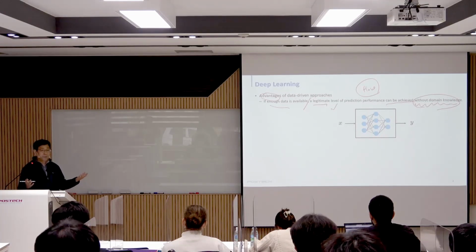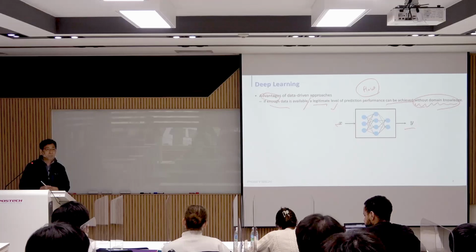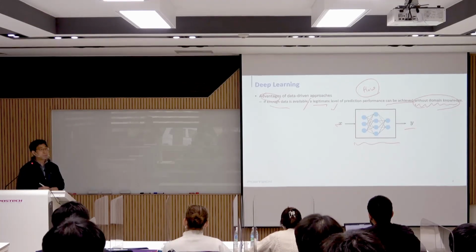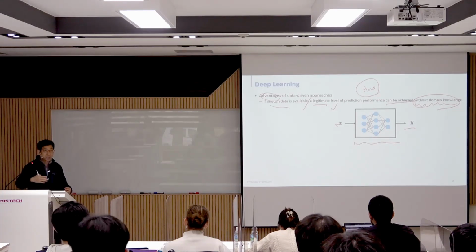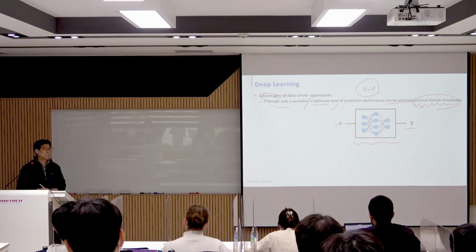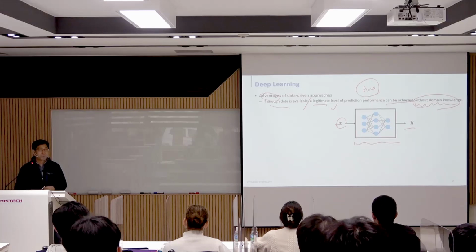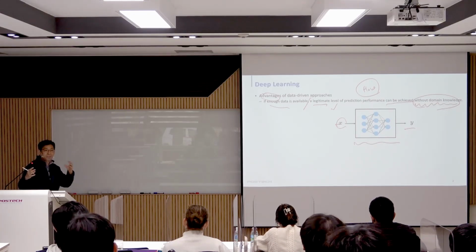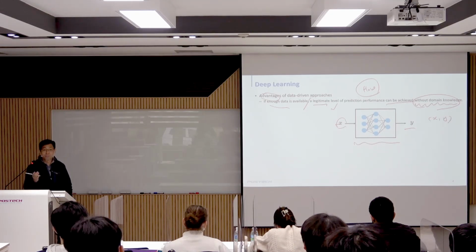We take supervised learning as an example, say X and Y. You can think of X as input, and Y is output or predicted values. Again, give me the X, I can give you Y. But in order to do that, I have to have some paired data set, right, for the supervised learning case.